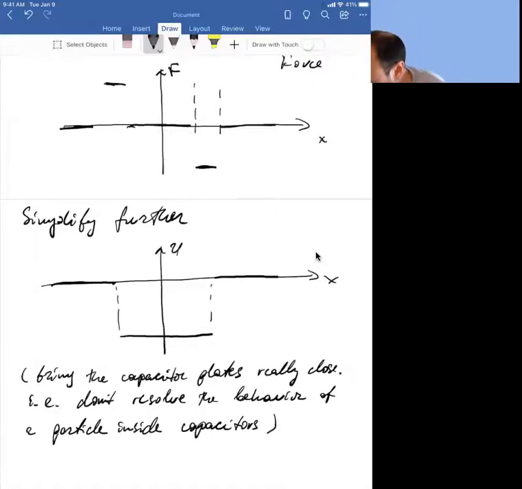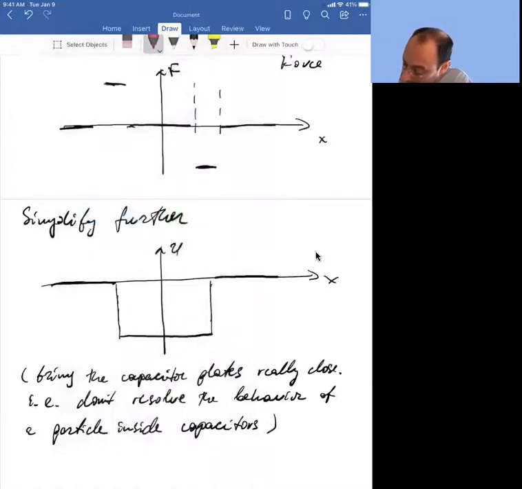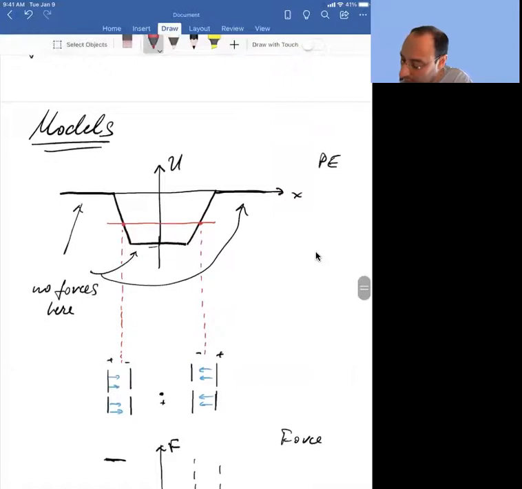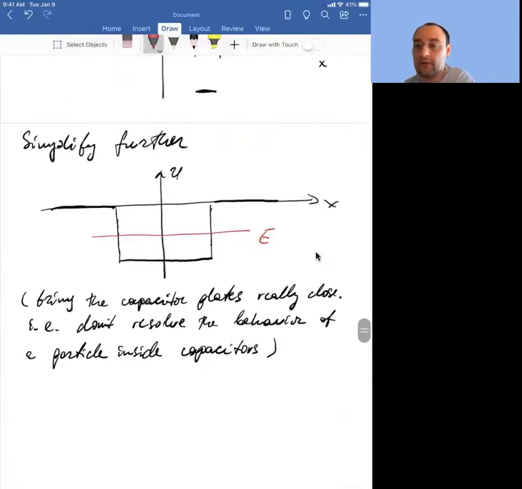Okay, so here's a potential energy graph for you. Read it for me. Let's say I have energy that facilitates bound motion. Describe to me the physical situation. Describe what the particle would do.